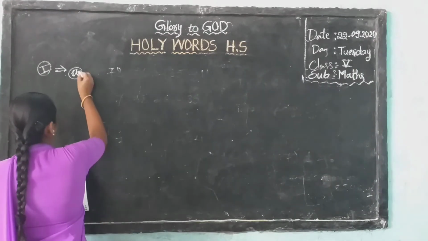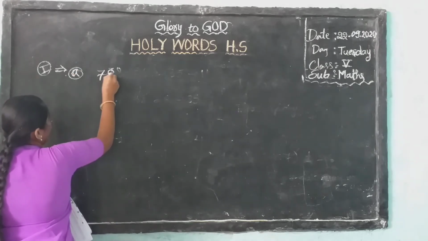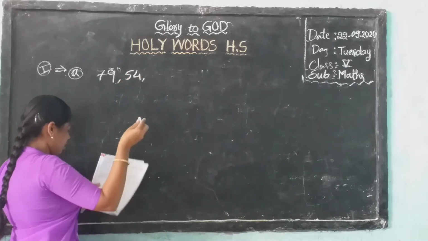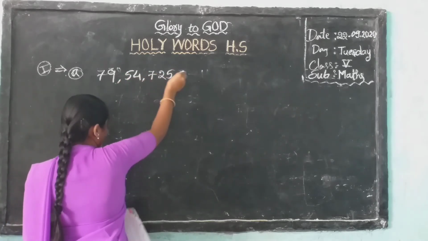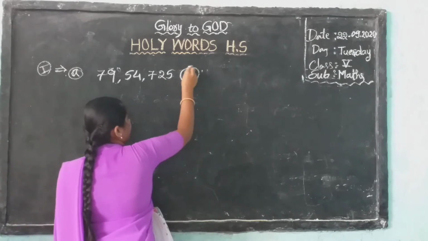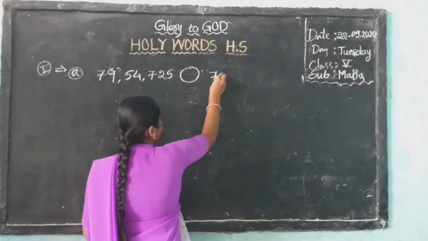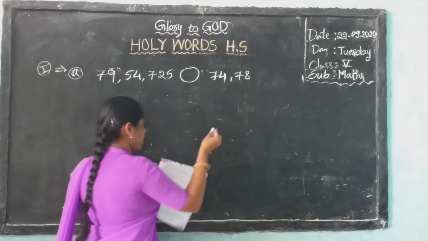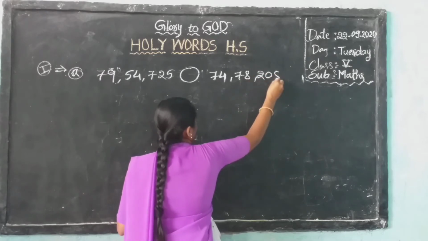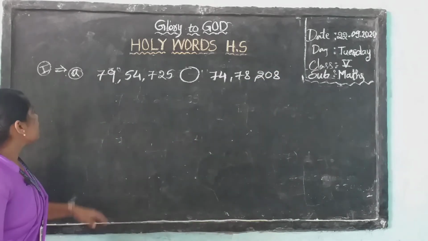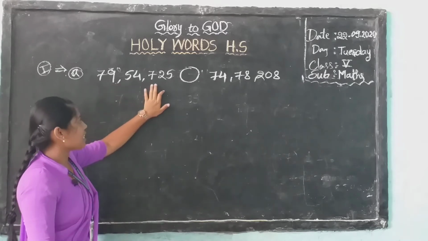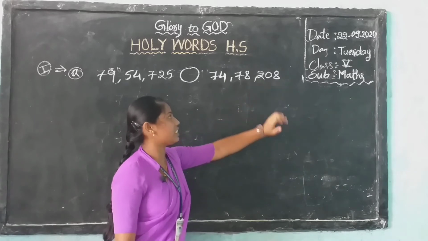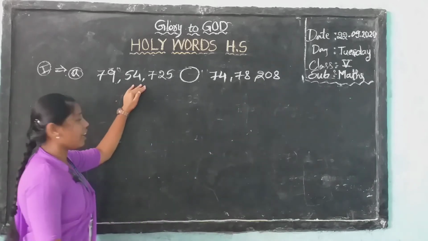So here, A problem, 79 lakhs 54,725 and 74 lakhs 78,208. So listen carefully. How many digits are in both numbers? 7 digits.